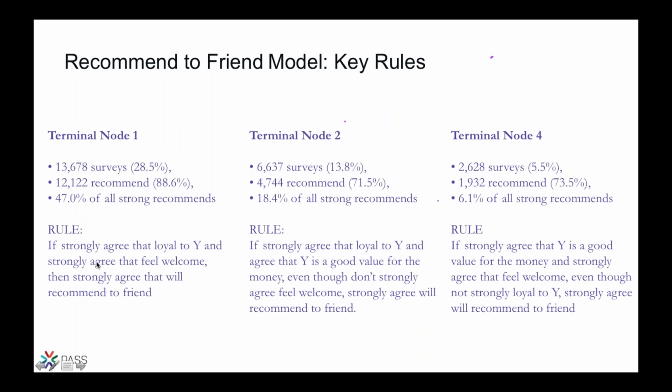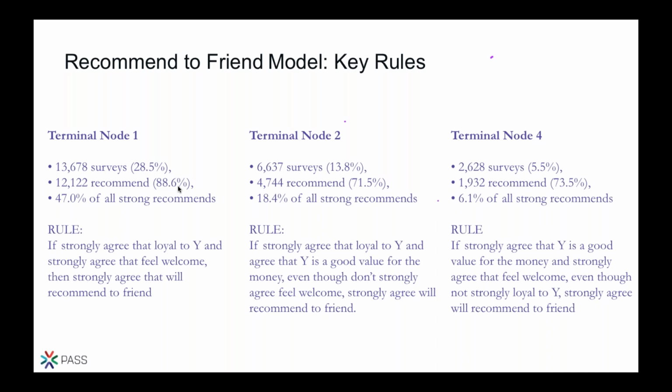If you feel loyal to the Y and you feel welcome, you strongly agree that you will recommend to a friend. That's almost half of all the strong recommendations, and that's an 88.6% recommend rate. 88.6% of everyone who filled out a survey who said they were loyal to the Y and they feel welcome said they'd be willing to recommend the Y to a friend.